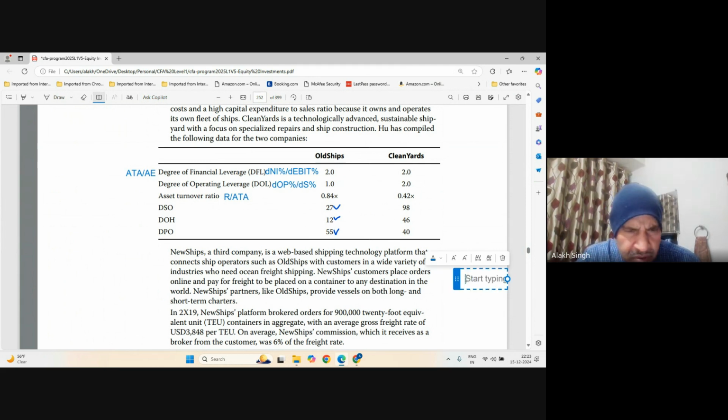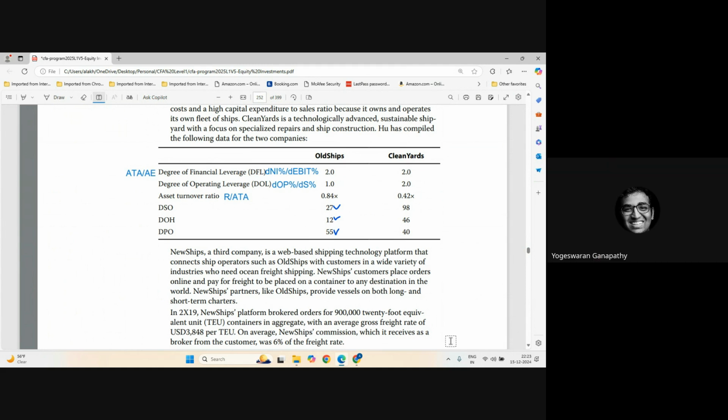Okay, so now what is the question? Please read it, then we will go back. NewShips, the third company, is a web-based shipping technology platform that connects ship operators such as Old Ships with customers in a wide variety of industries who need ocean freight shipping. NewShips customers place orders online and pay for freight to be placed on a container to any destination in the world. So they're like Amazon.